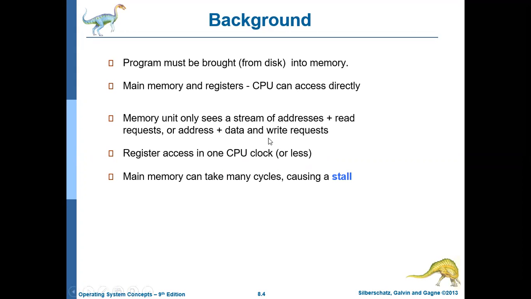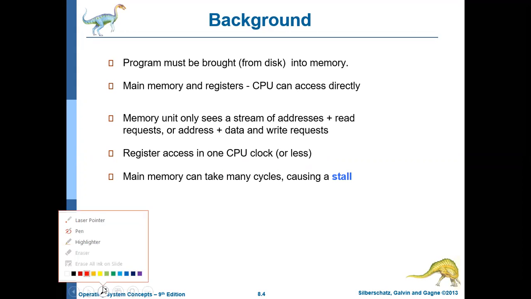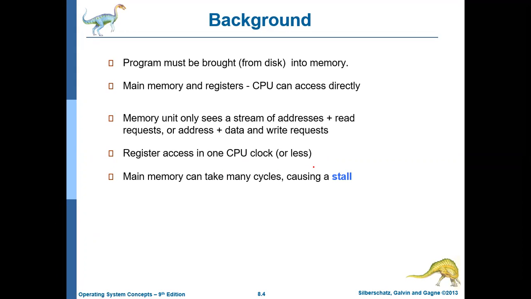So the point I'm trying to make is, if some data is present inside the CPU registers and the CPU wants to perform some operation with that data, then the CPU can perform more than one operation within a single clock cycle.